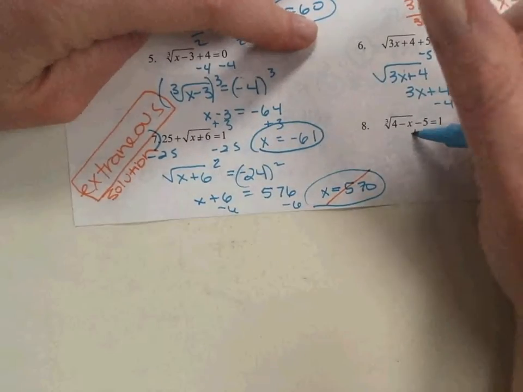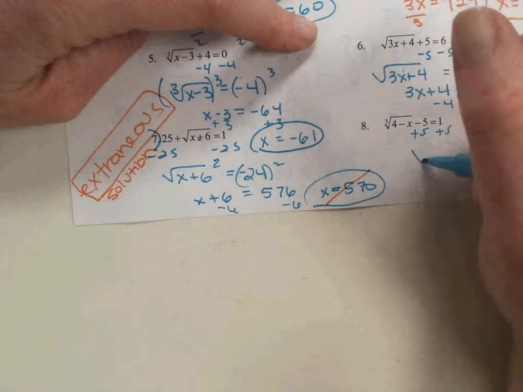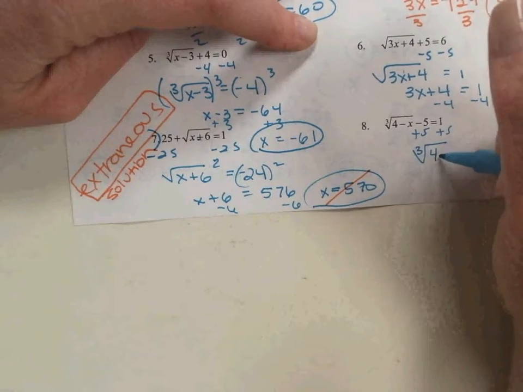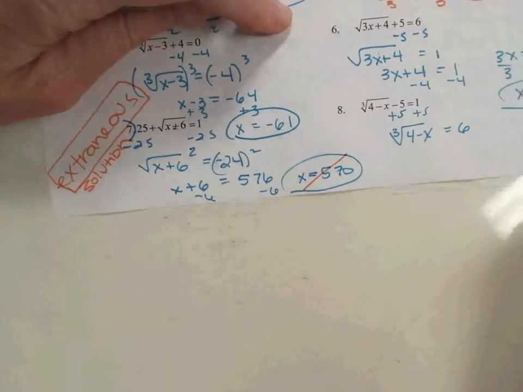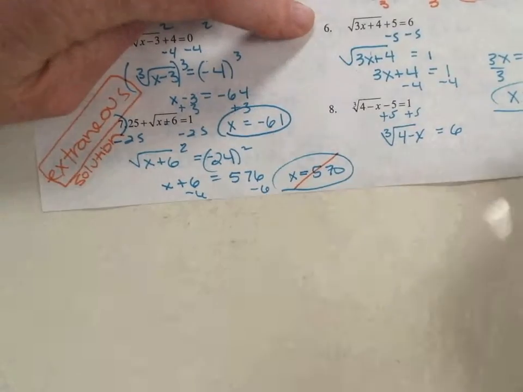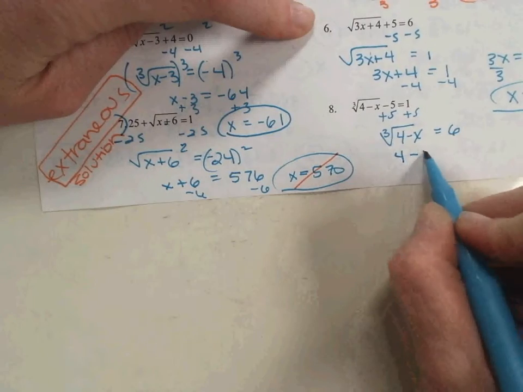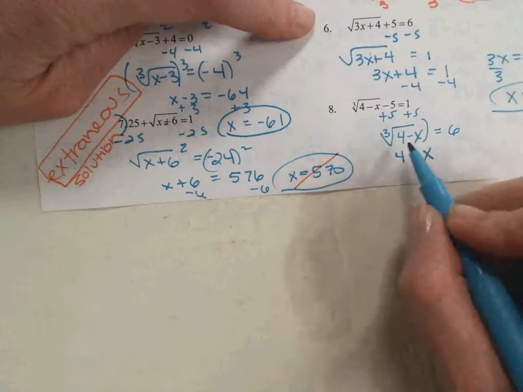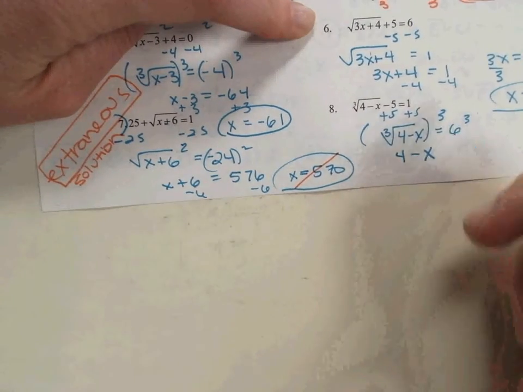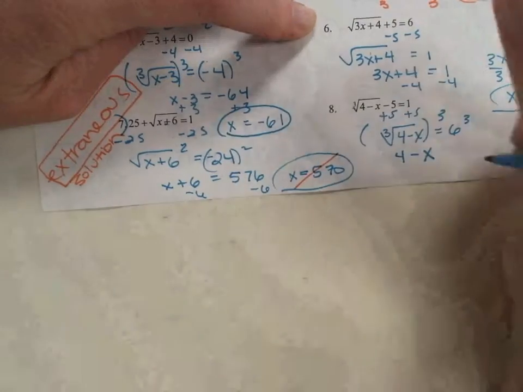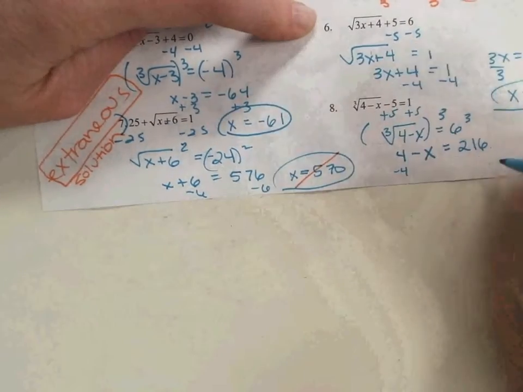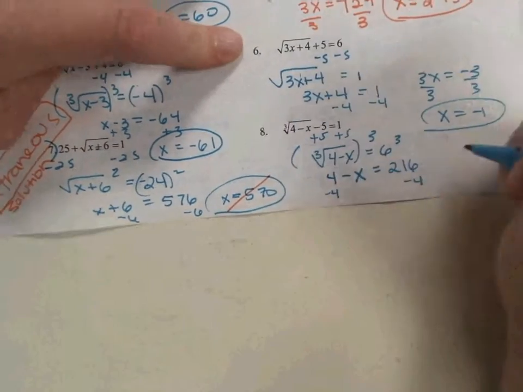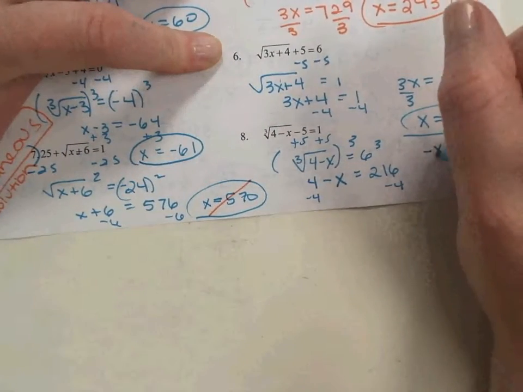Number 8, adding 5 to both sides, we get cube root of 4 minus x equals 6. Cube both sides, we get 4 minus x equals, what's 6 cubed? 216. Subtract 4 from both sides. We get negative x.